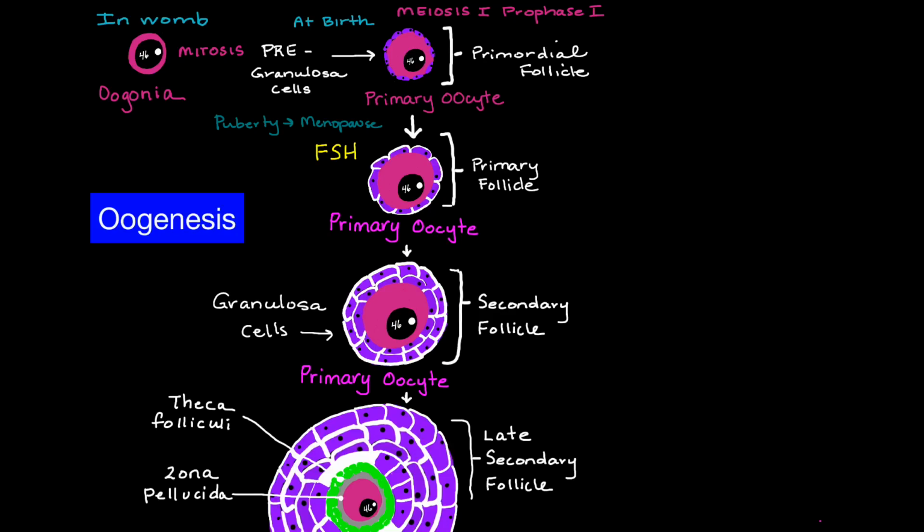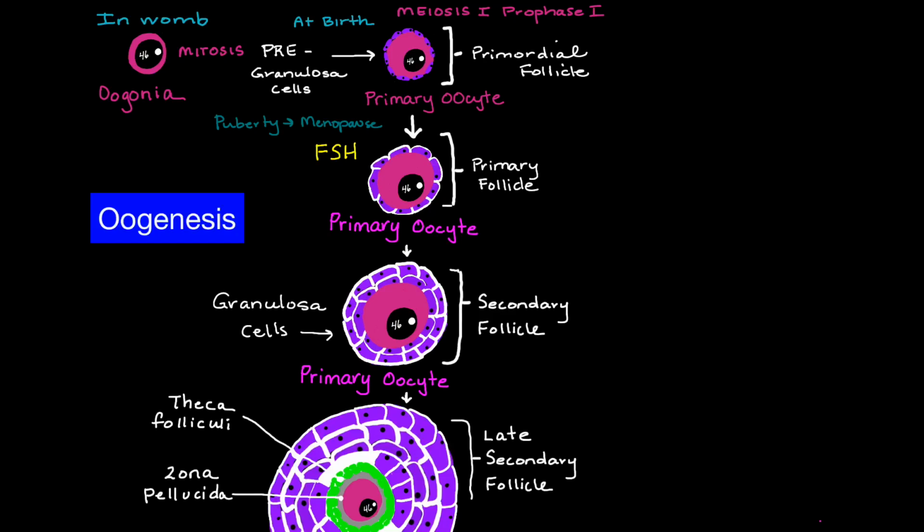So the granulosa cells, we still saw some mitosis because we have another ring around them, but there is a liquid that's starting to form in the center of the cells. That's our key that we're dealing with a late secondary follicle, because if you look at the secondary follicle, there's no liquid around it.